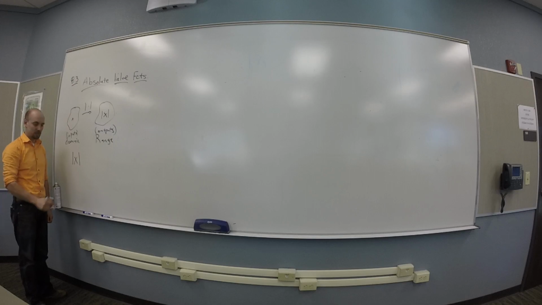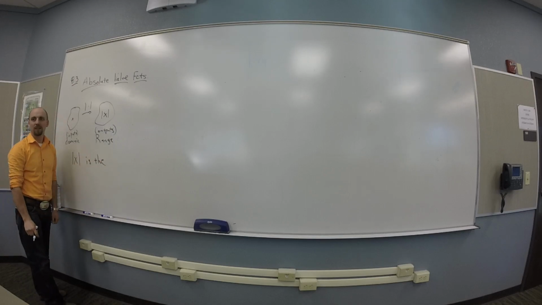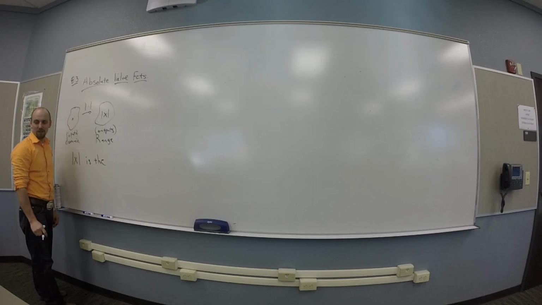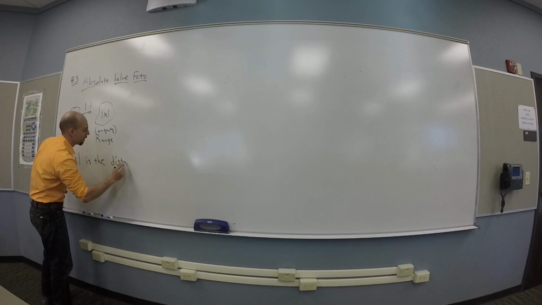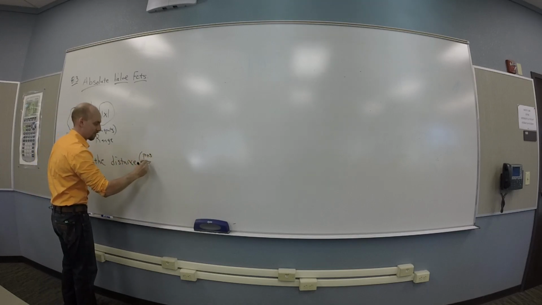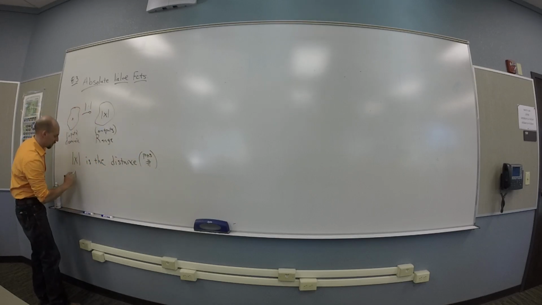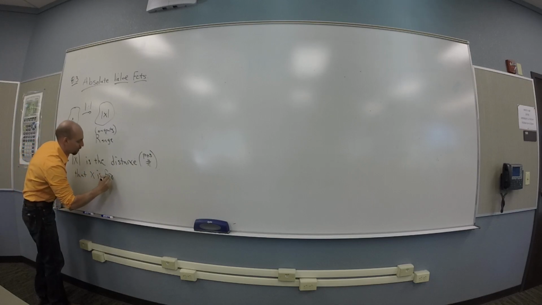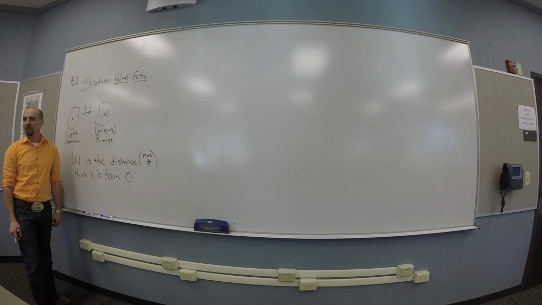Absolute value of x is the distance from 0. This is a positive number, the distance that x is from 0.